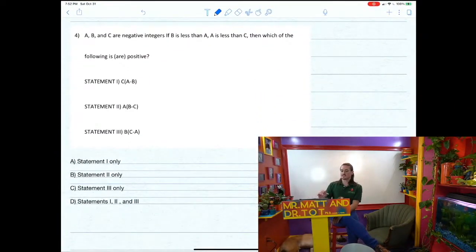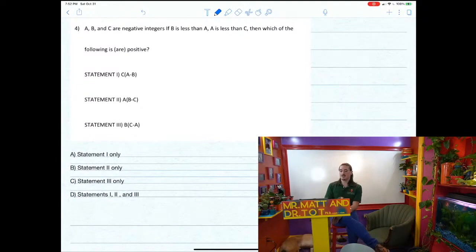Question number 4 says, A, B, and C are negative integers. If B is less than A is less than C, then which of the following is or are positive?